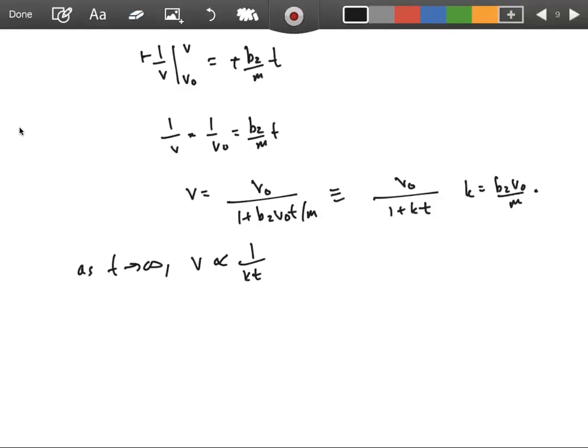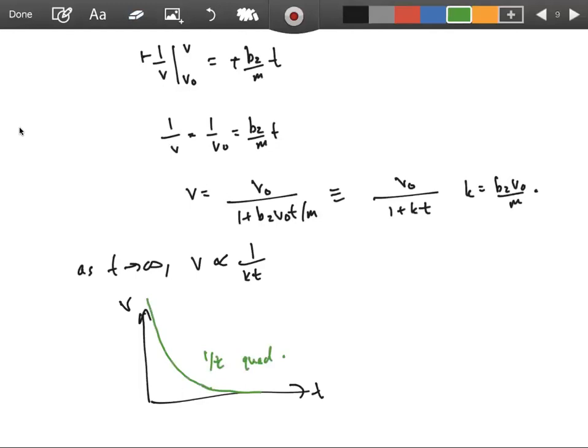Now, if I plotted these two things, meaning the velocity as a function of time, in the quadratic case this thing is doing 1 over t. And then the exponential case is doing something like this.